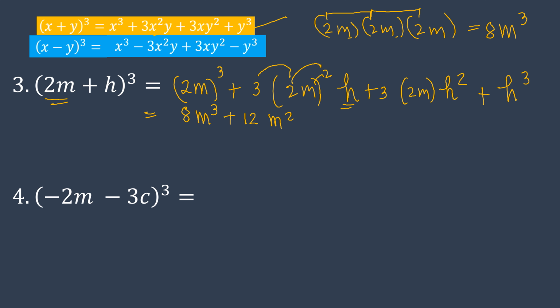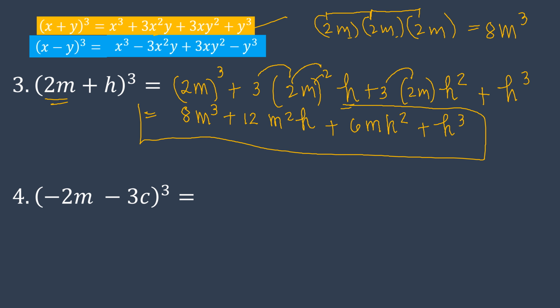Plus, this time we can now multiply directly the 3 and 2 because the 2 there is an exponent of h. So therefore, this is 6m h squared and then plus h cubed. So far, there's no term that can be combined. So therefore, this is already final. And then let's proceed to number 4.